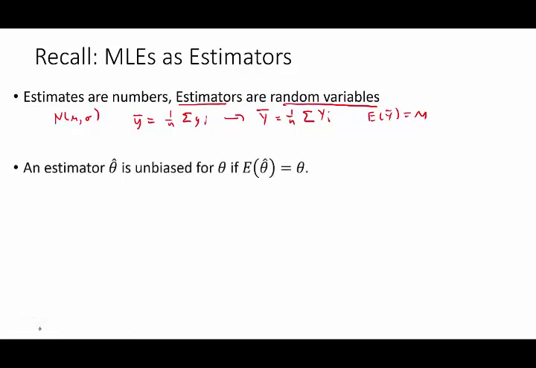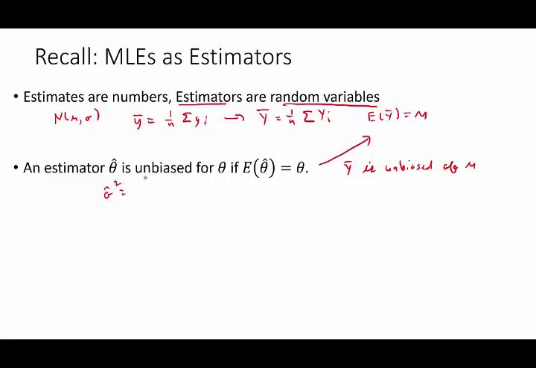And that brings us to our second point, which I wanted to recall: an estimator theta hat is unbiased for theta if its expected value is indeed what you're trying to estimate. So if on average it gives you the right answer. Based on what I just said above, we conclude that y bar is unbiased for mu. It's an unbiased estimator of mu. Whereas the sample standard deviation, let's talk about variance instead.